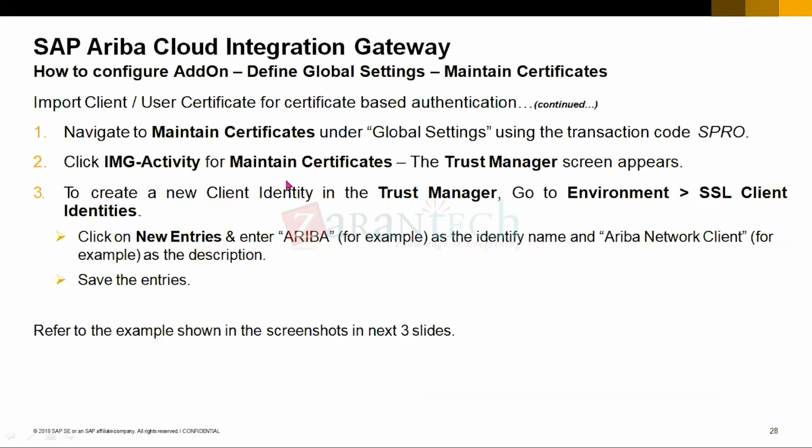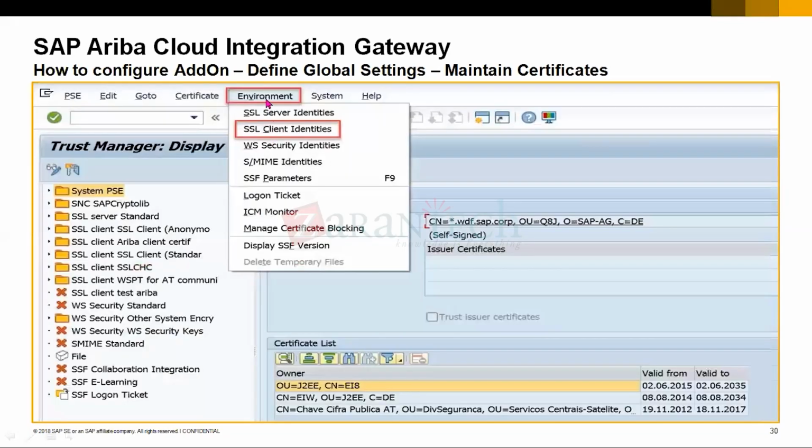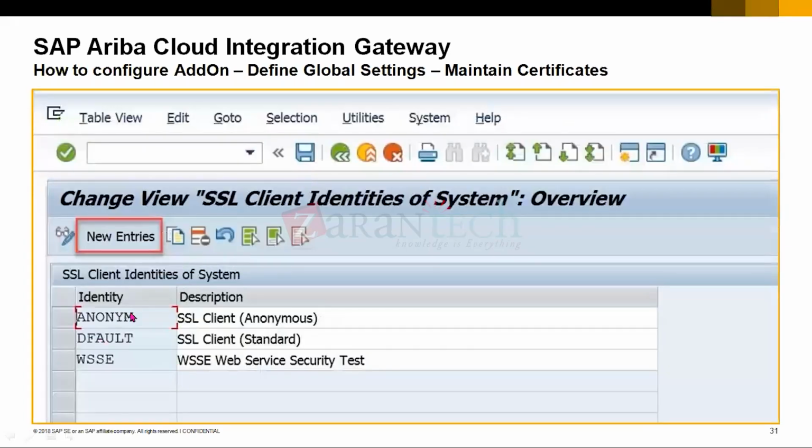Then they are saying we have to navigate to maintain certificate under global settings once again. Then go to the trust manager and create a new client. If you see the screenshot, we have to go to maintain certificate once again, then go to environment, SSL client identities. After that, you will get this kind of screen.